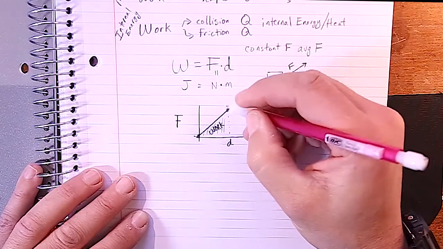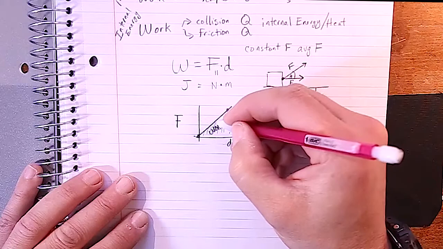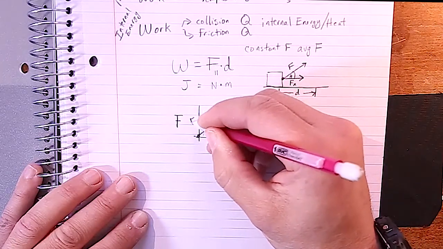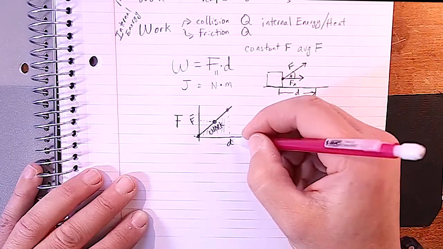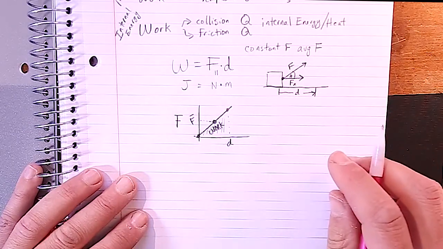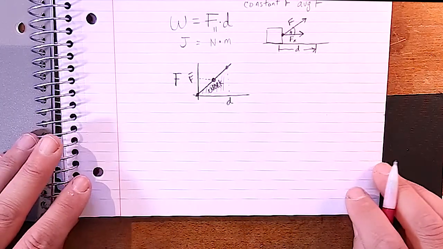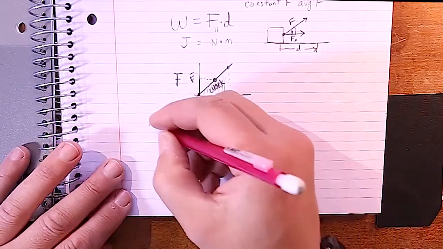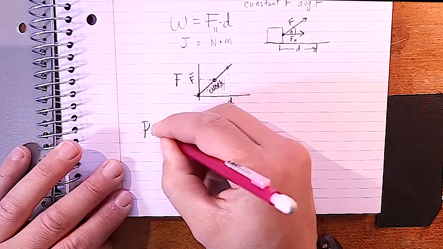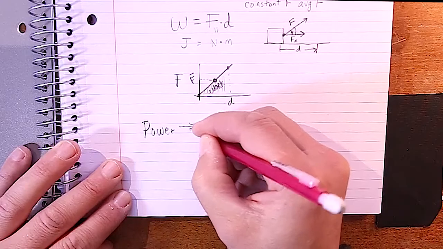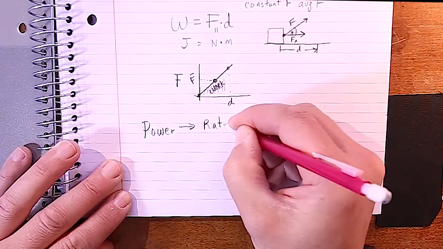Now, if we did this for the average force, we could pick this in the middle and say that the average force times displacement would also be the work. Now, how quickly we do work is a completely different concept, and that's called power. So power is the rate at which work is done.